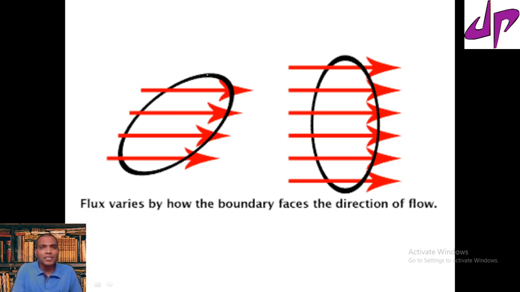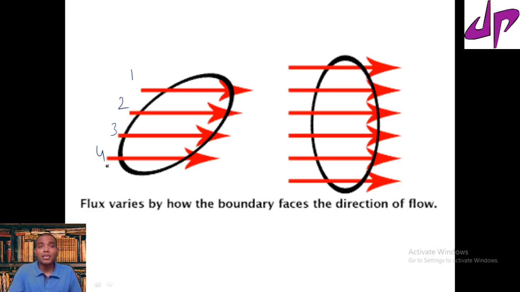Suppose you place the surface area with this angle, now through this surface area how many electric field lines are flowing? They are flowing only 4. Because of the orientation of the surface, the number of field lines passing through the surface also changes.